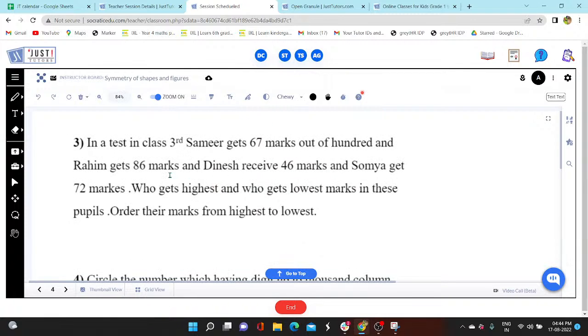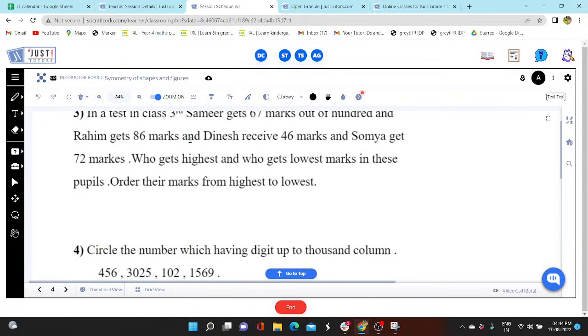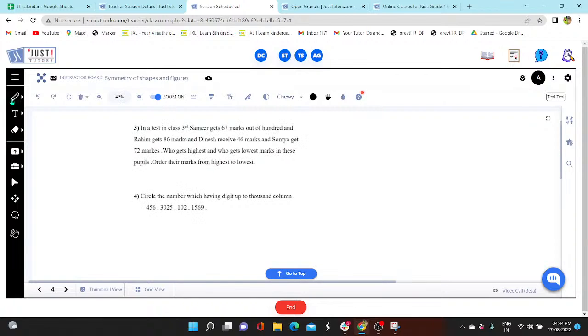Okay, we have the question over here. So Sameer has got 67 marks, Rahim has got 86, then Dinesh receives 46 and Soumya has got 72 marks. So we can write all the four people's marks over here.